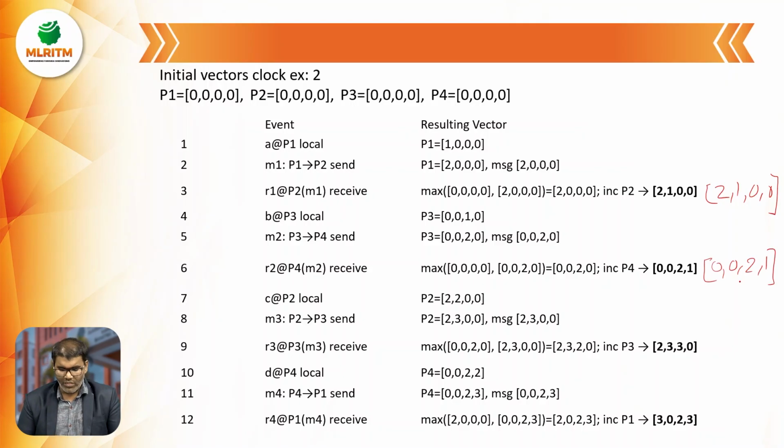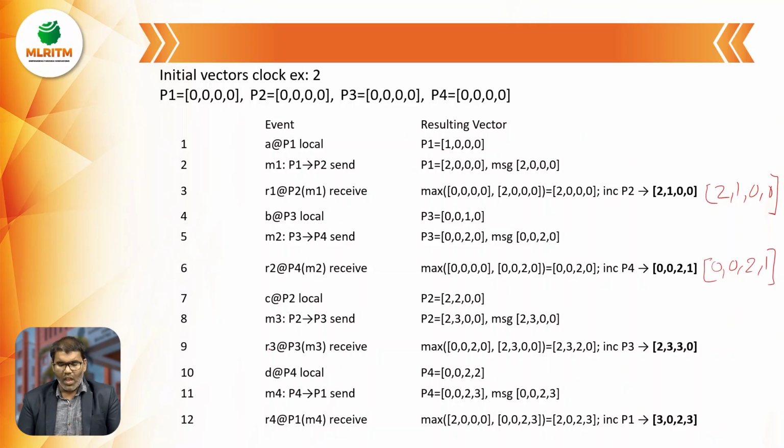Next, seventh one, c at the rate P2, it is local, means we are getting P2 as 2 comma 2 comma 0 comma 0, and M3 means here sending the message through M3. So P3 is equal to 2 comma 3 comma 0 comma 0, and the message is received in the form of 2 comma 3 comma 0 comma 0.